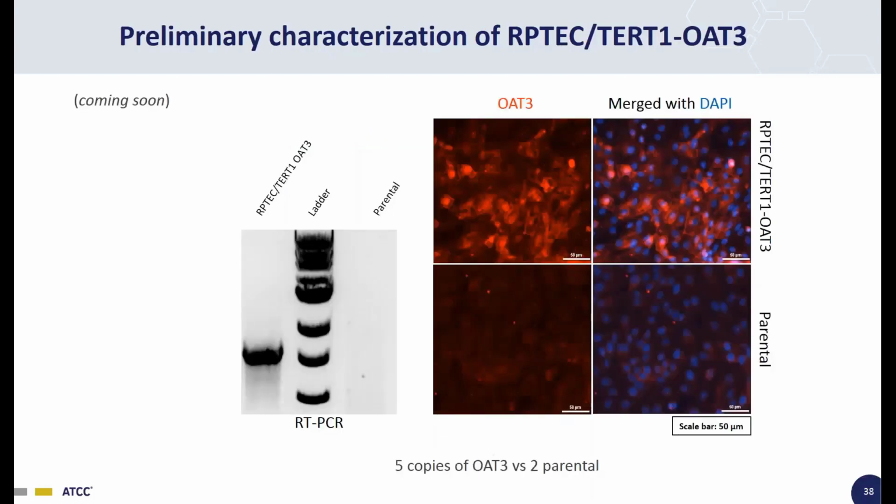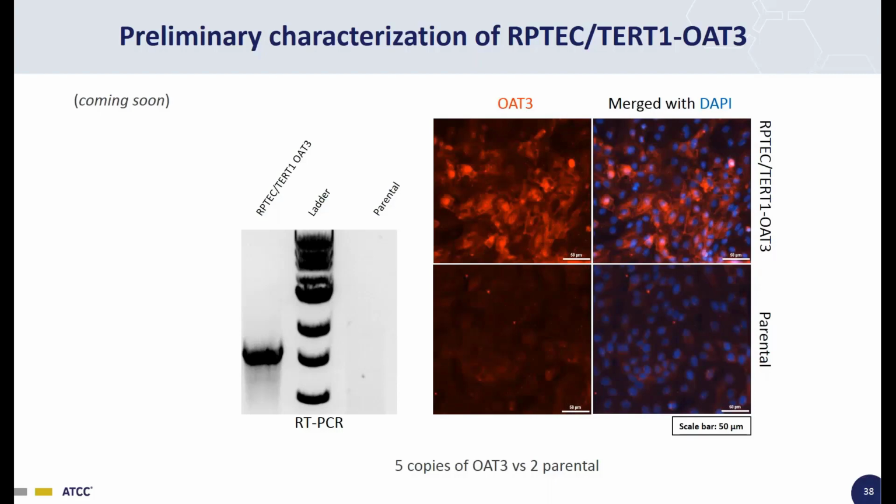Thirdly, for our soon-to-be-available OAT3 cell lines, we also did a characterization. First, RT-PCR to verify the mRNA expression. Then on the right hand side, in the ICC, the top two figures show you the membrane localization of OAT3, compared to the parental line, which has no detectable OAT3 expression.